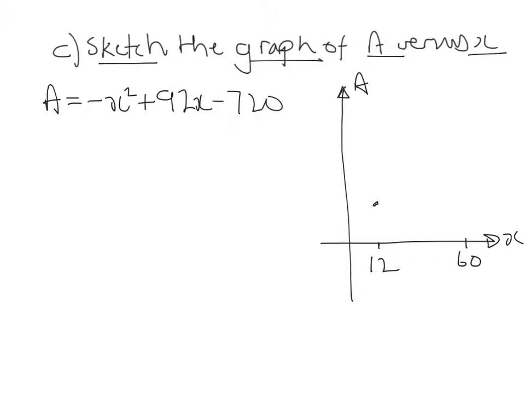So when I sketch it, I'll get a couple of points here. There'll be 12 there, 60 up there, and somewhere in the middle there'll be a maximum. The reason I know that is this is a negative parabola.